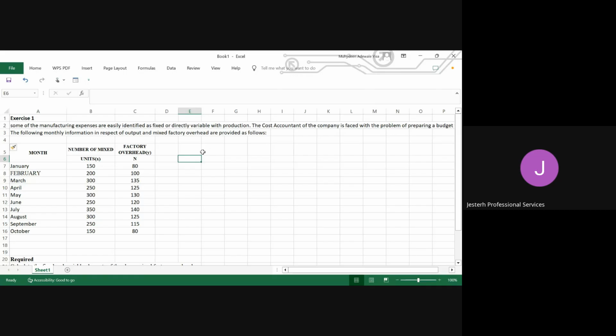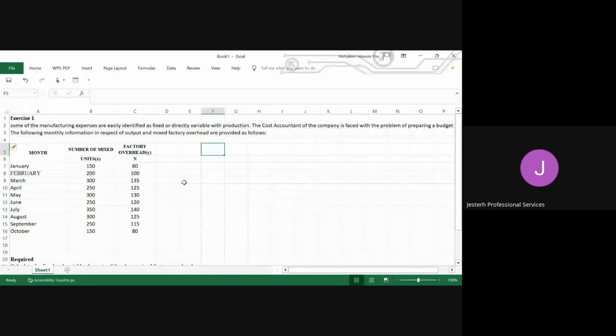Our mixed cost here is our factory overhead. It means this factory overhead comprises variable and fixed costs. Now, to ease the work of the management accountants, they want to split this cost into variable and fixed cost.